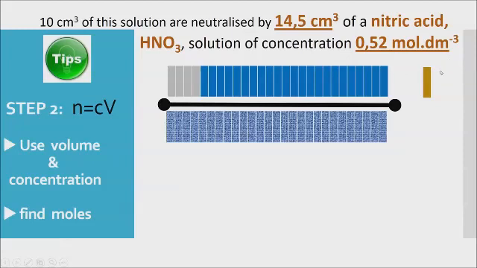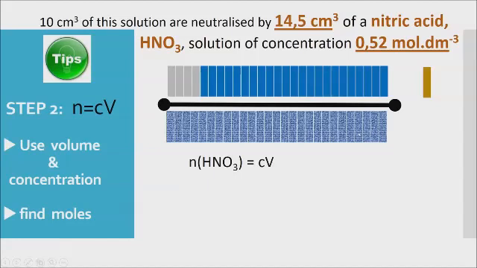And how would I use that? I simply write down the moles of nitric acid from that formula, which is C times V, because I have the volume and I have the concentration. I have the volume and the concentration of my standard solution. That's correct.